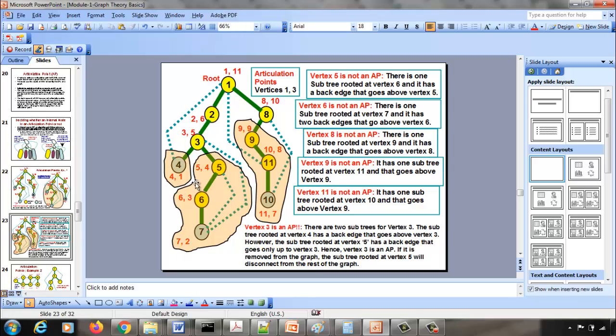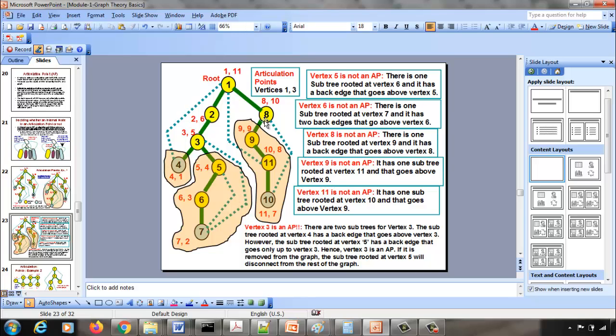So there's no back edge from this subtree that goes above 3. That is good enough to classify vertex 3 as an articulation point, because if I remove 3 and all the associated edges, 5, 6 and 7 are going to get disconnected from the rest of the vertices. So 3 is an articulation point.